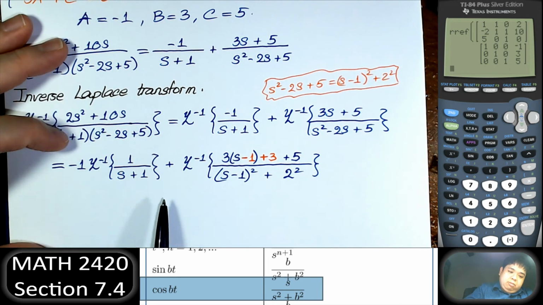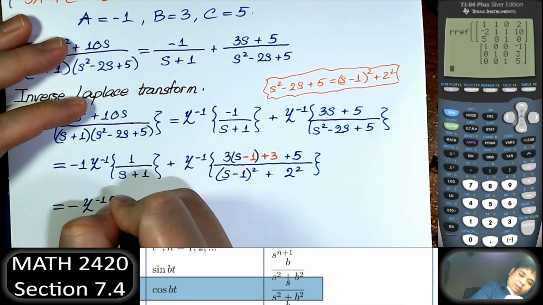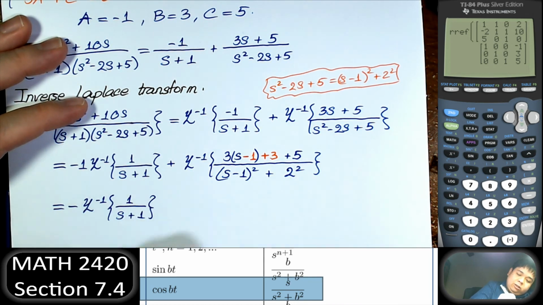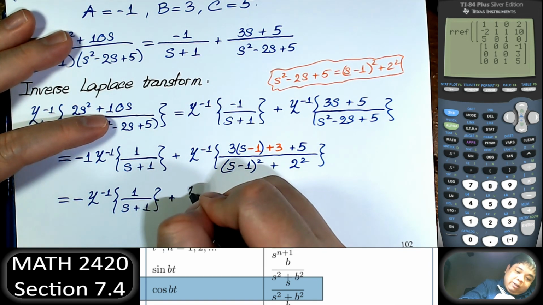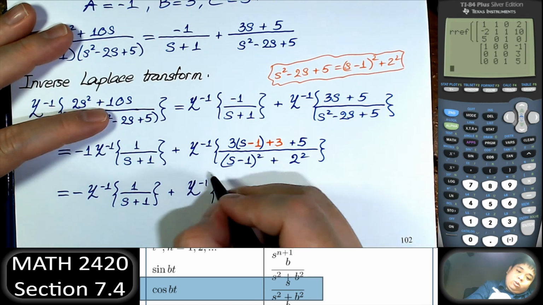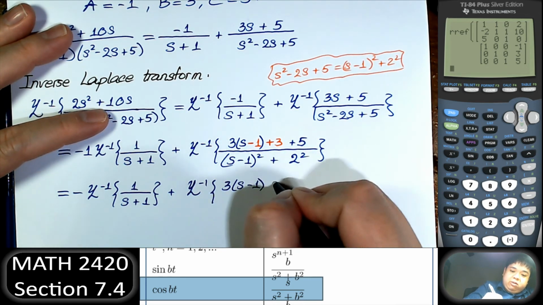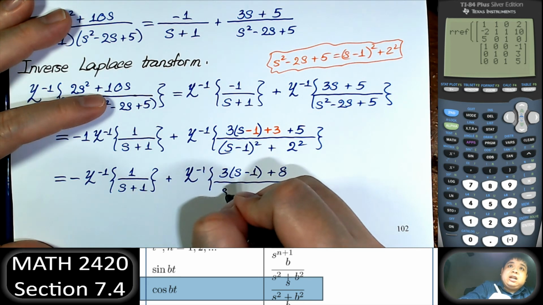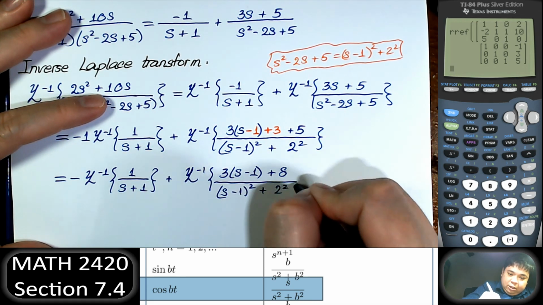Let's solve for this. Now, we have our inverse Laplace transform. This gives us 3 of s minus 1, 3 plus 5 is 8, and s minus 1 squared plus 2 squared.